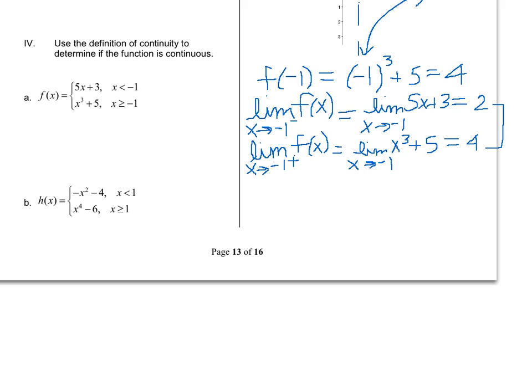So here's where you see that the limit does not exist. So this is not continuous. Okay, it does not have a limit, therefore that function is not continuous.